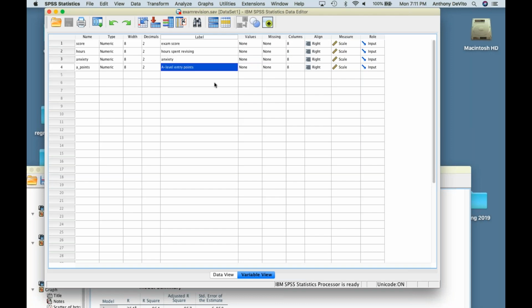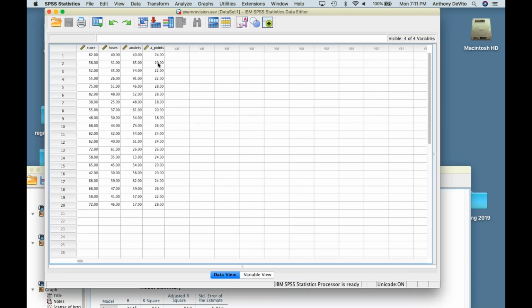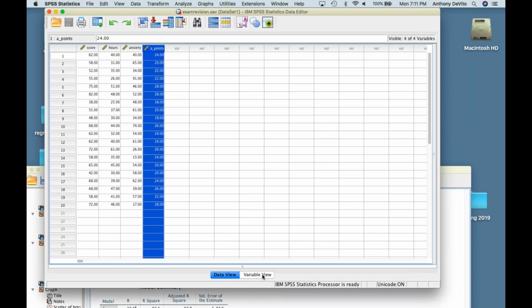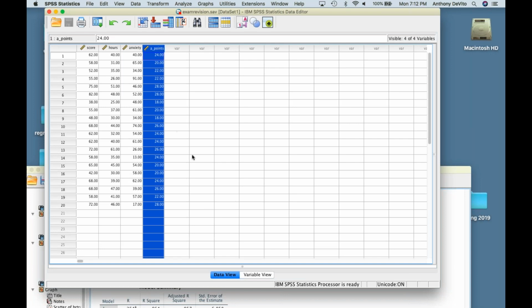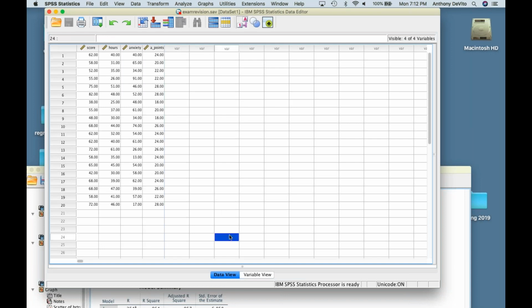And the last one is A-level entry points. I'm not even sure what that is. Let's see what that is. Okay, I'm going to assume that's maybe his grade point average or something like that. Well, it doesn't look like a grade point average, but let's assume that it's some measure of his ability.